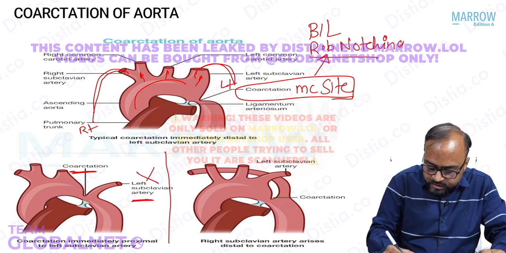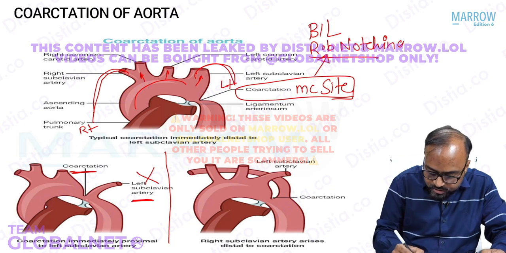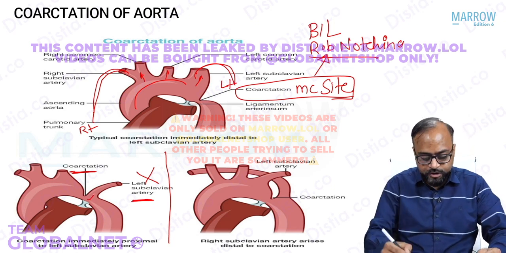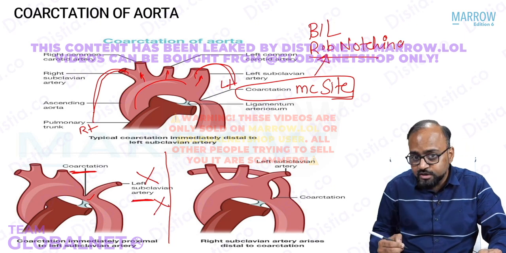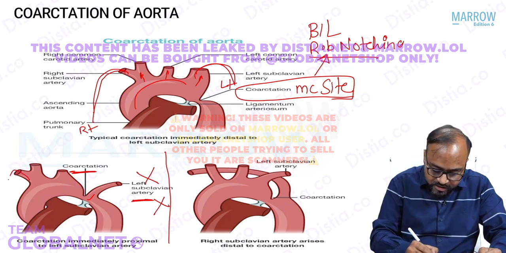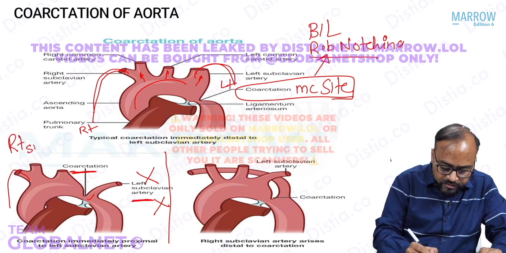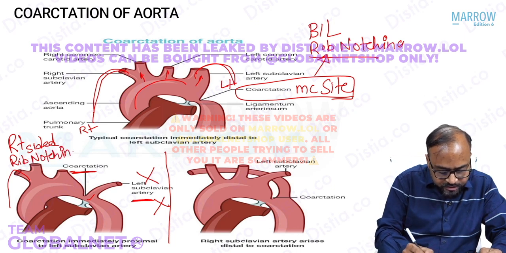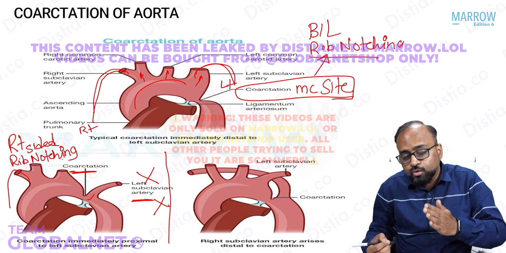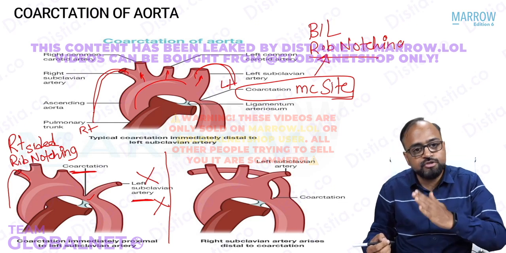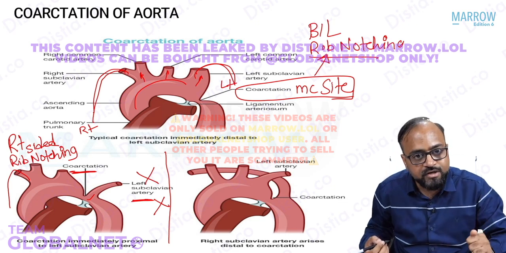The left subclavian artery is not getting good blood supply because it is distal to the coarctation, so it will not give rise to collateral channels. In this case, collaterals will arise only on the right. So there will be only right-sided rib notching, in cases of coarctation where the site of coarctation is proximal to the origin of the subclavian artery.